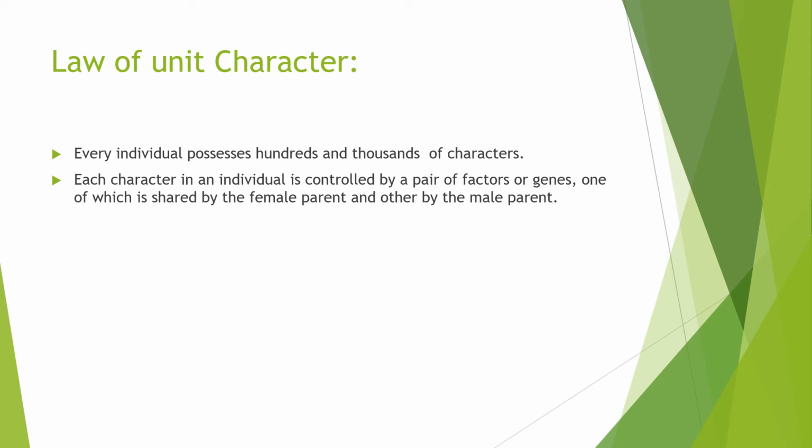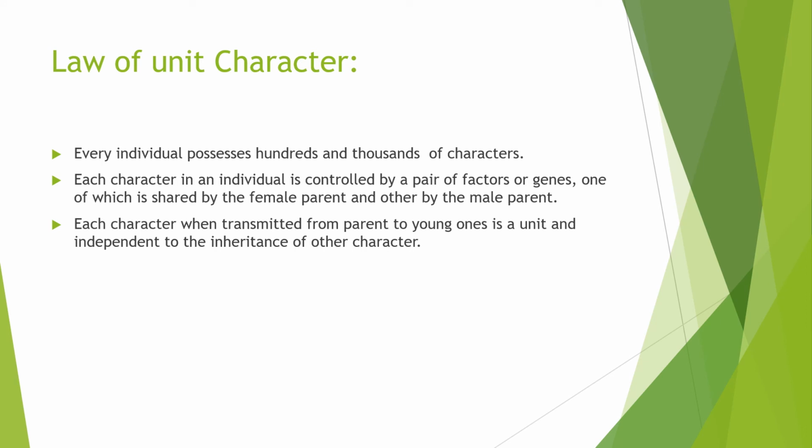When we produce the next generation, for the character we are taking, one factor will come from the mother's side and the other from the father's side. It means both parents contribute their characters during reproduction.